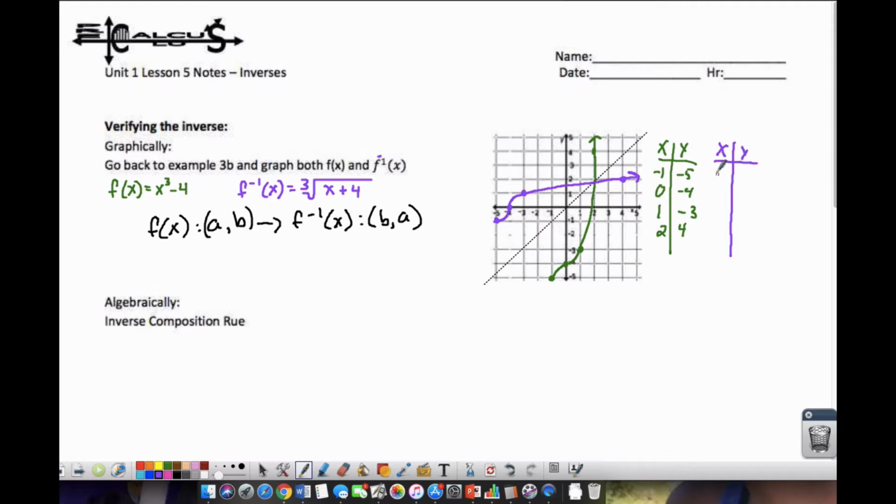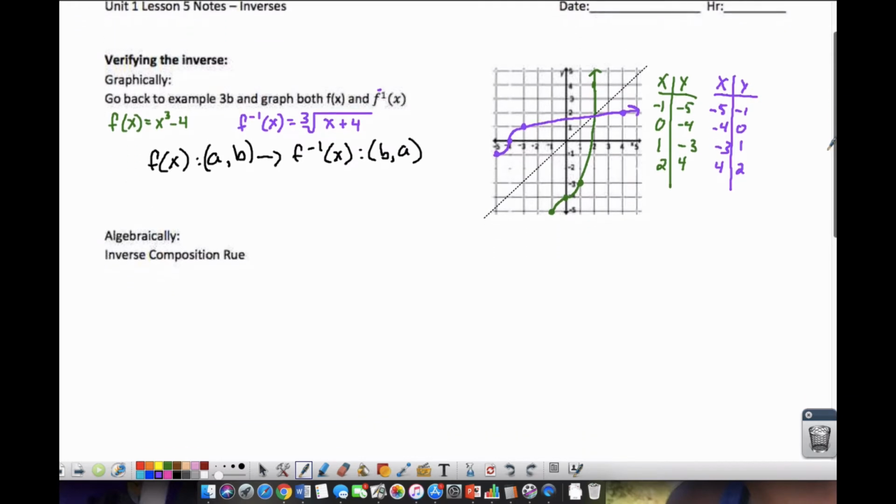So that would mean that I should also have -5, -1, -4, 0, -3, 1, and 4, 2. I just flipped all of these. I took all of these and just flipped the x and y. So now let's see, -5, -1 is there. -4, 0 is right there. -3, 1 is right there, so that works, and 4, 2. So I have verified that this is an inverse, so that's great.